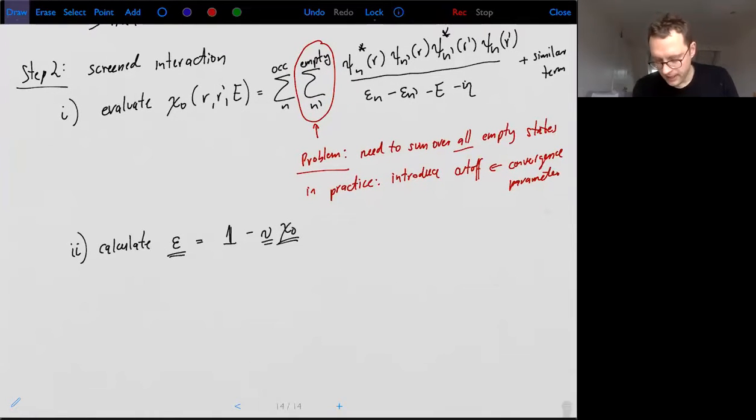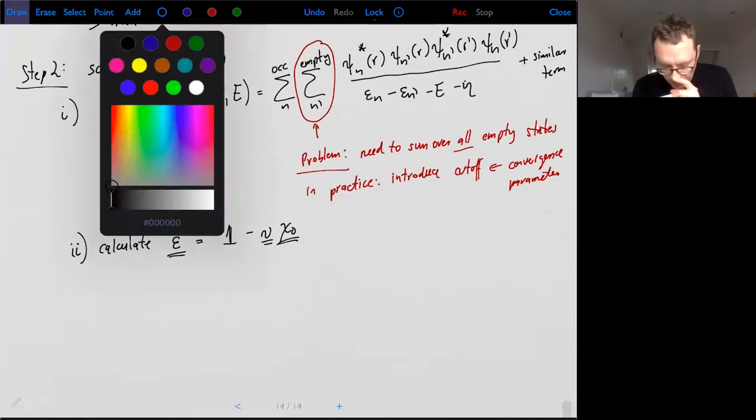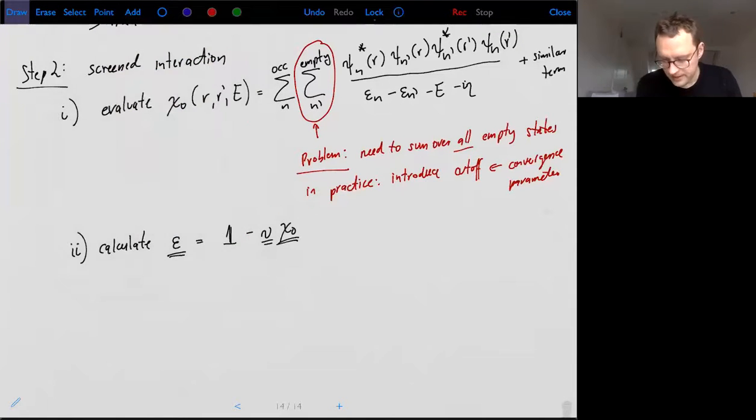Of course, I need to express what I've done here. I have expressed chi0 and epsilon in a basis, for example, something like plane waves. And again, how many of these plane waves I use to represent these quantities is another convergence parameter.